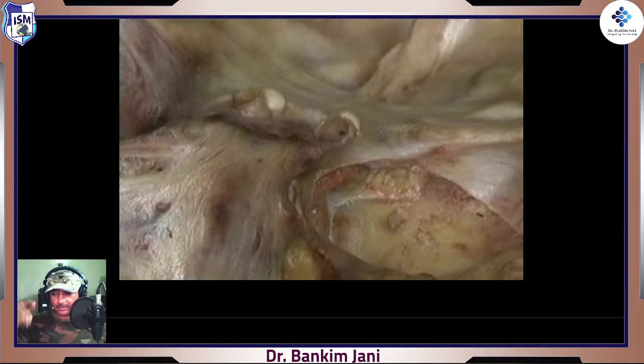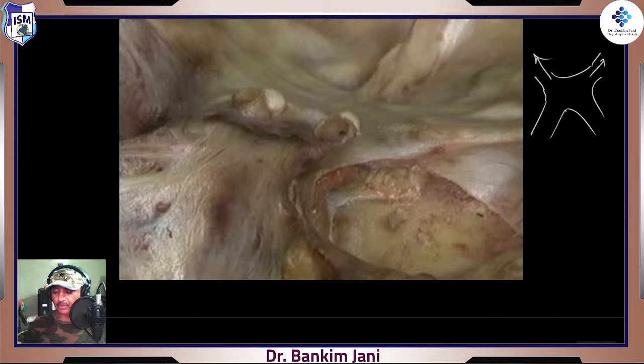There was the optic tract, then they were forming the optic chiasma, and then via the optic chiasma there was the optic nerve. So this was the optic chiasma, these were the optic tracts, and then the optic nerve. That was what was going.